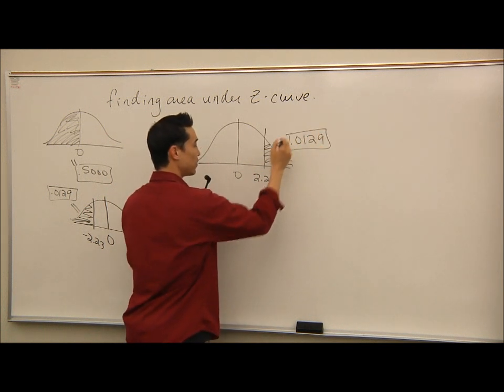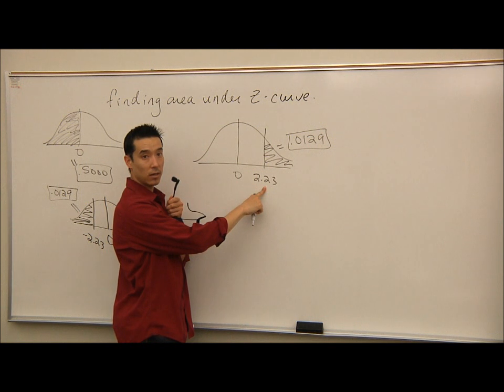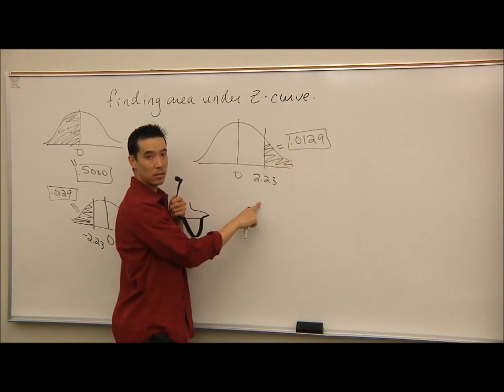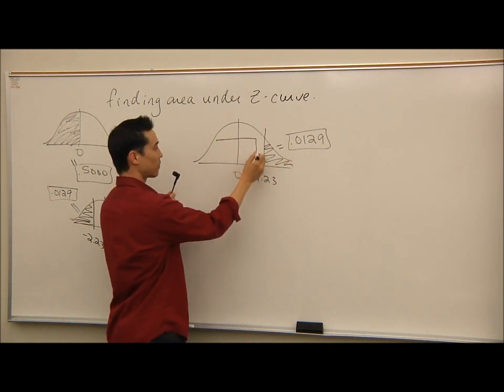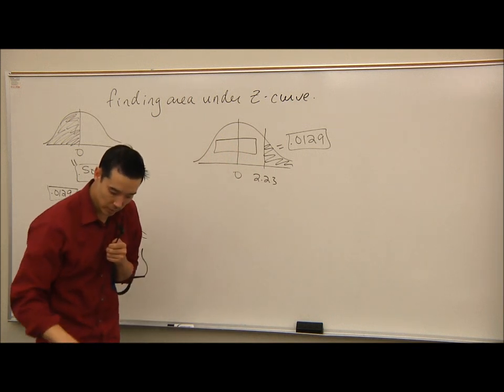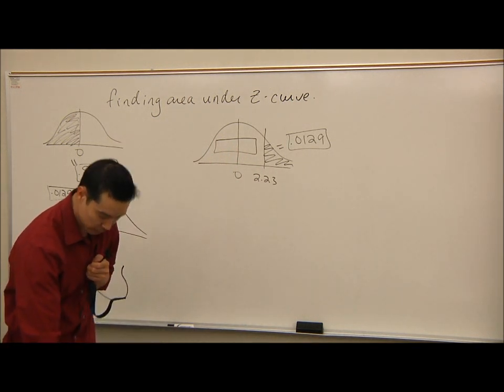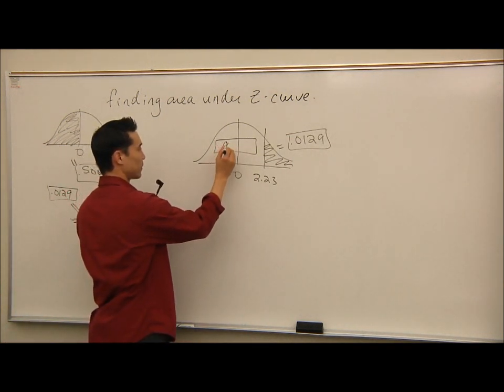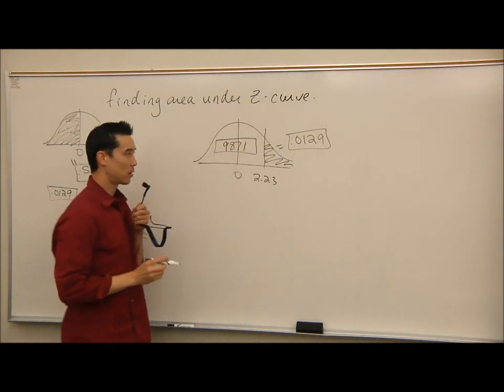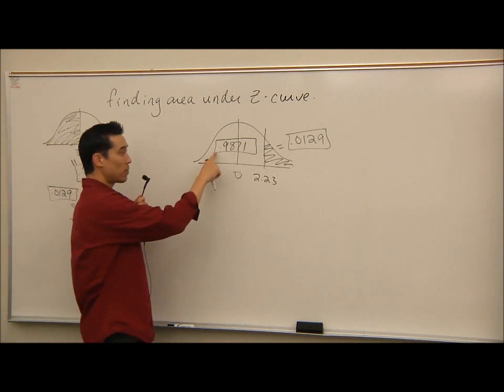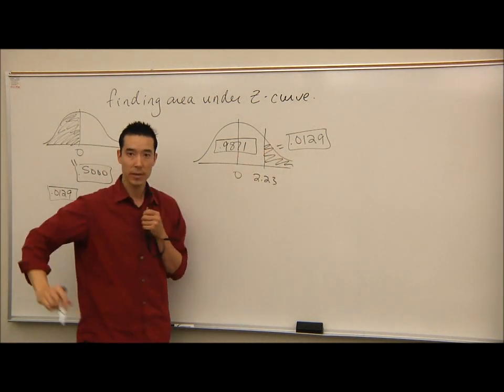Okay, but if you look up 2.23 in your book, does it give you 0.0129? No, it gives you area to the left, right? So go ahead and look up 2.23 in your book. It gives you 0.9871. All right, so if this all works out, 1 minus 0.9871 better be 0.0129.